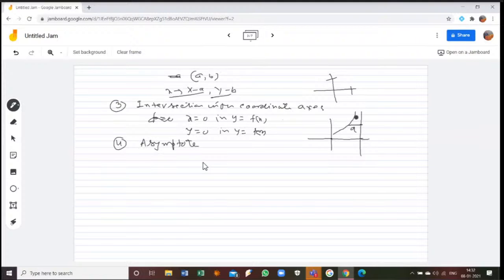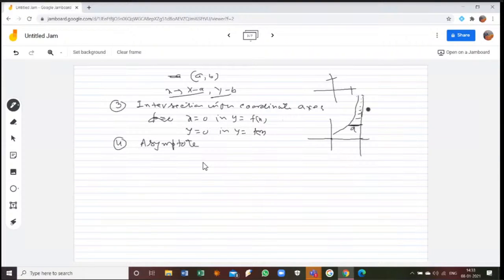If this curve tends to infinity alongside this straight line, and the distance between the curve and the line goes to 0 in the limit but never crosses the line, then this line is said to be the asymptote for this curve.